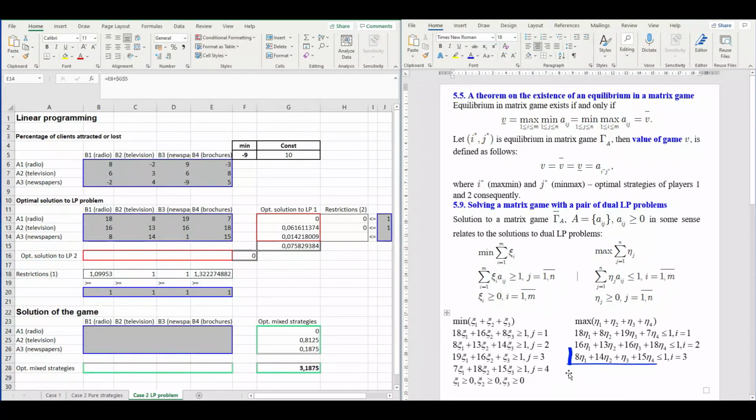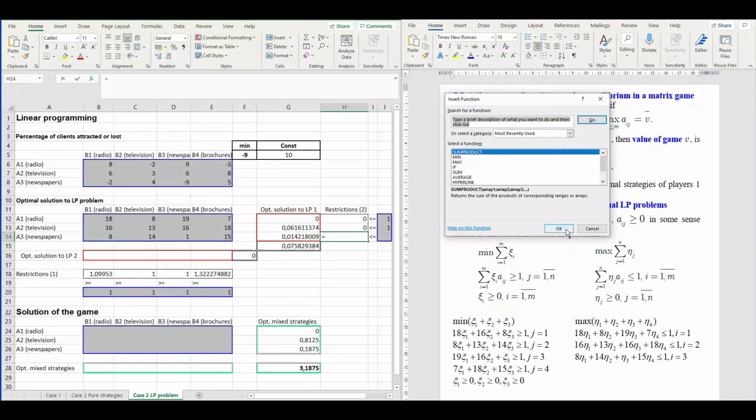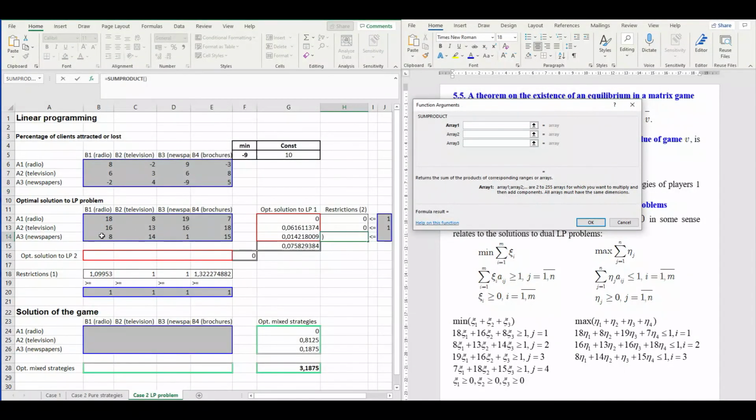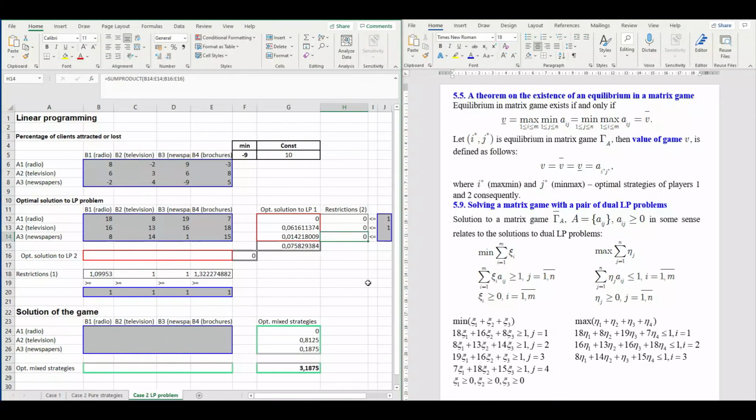And let us add the left hand side of this restriction into the cell H14. For this reason we call the function SumProduct, and the first array is the elements of the third row of our table, and the second array is the array of our variables eta1, 2, 3 and 4. And also we should add the right hand side unit into the cell G14. Also our variables are non-negative. Let us add this restriction into the mathematical model.